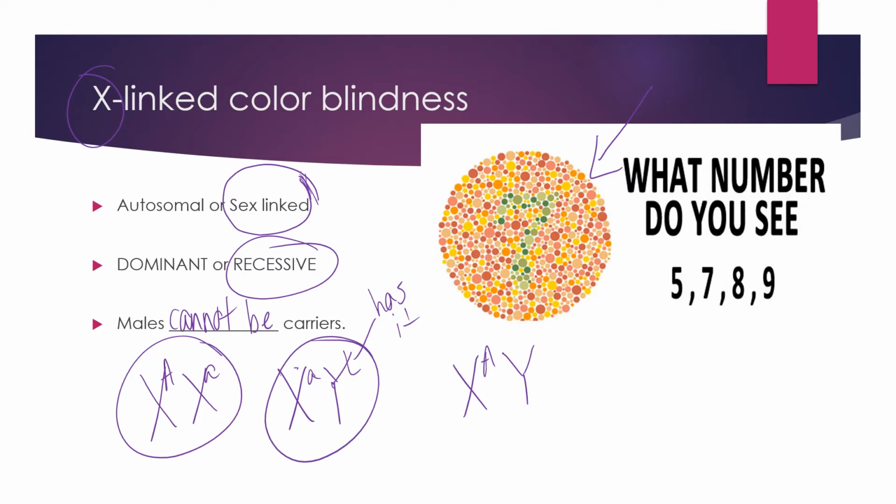Also, if we were to do a Punnett square here, let's say we have a male that doesn't have it and a female that is a carrier.